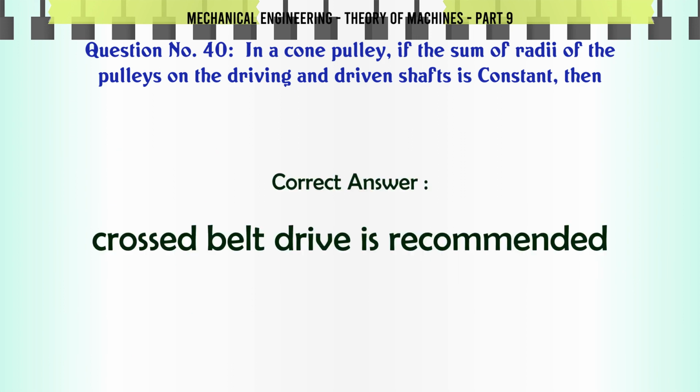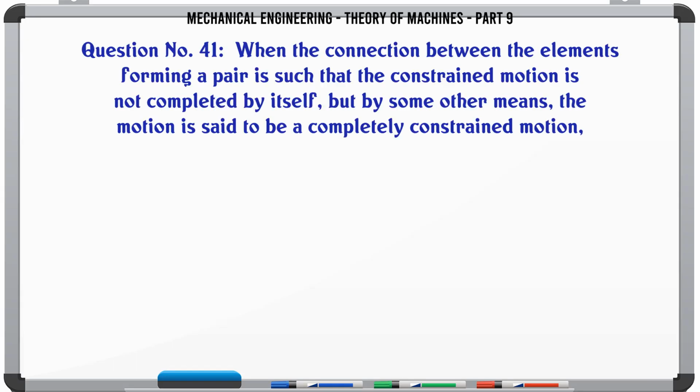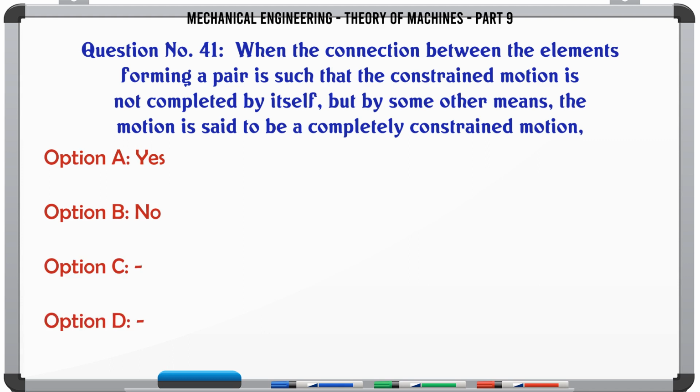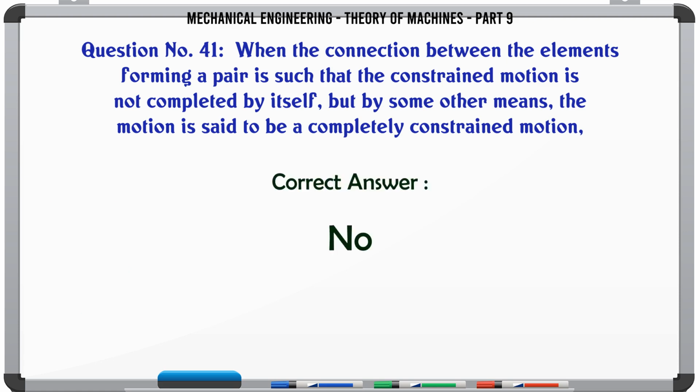The correct answer is crossed belt drive is recommended. When the connection between the elements forming a pair is such that the constrained motion is not completed by itself but by some other means, the motion is said to be a completely constrained motion. A. Yes, B. No, C. D. The correct answer is no.